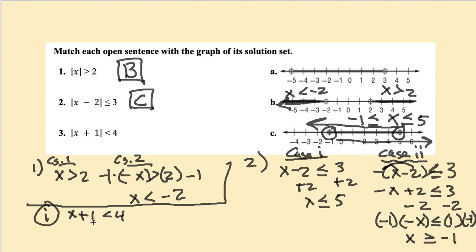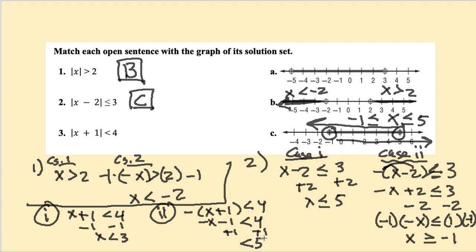So case 1, subtract 1, and then you get x is less than 3. And then case 2 is going to be the negative case. So negative x minus 1, add 1, get 5, negative x, which means that x is greater than -5.